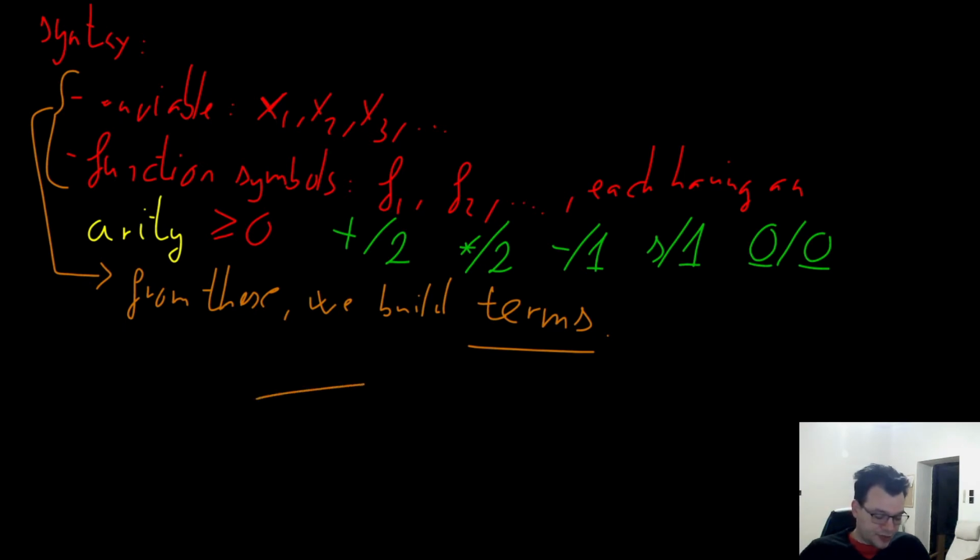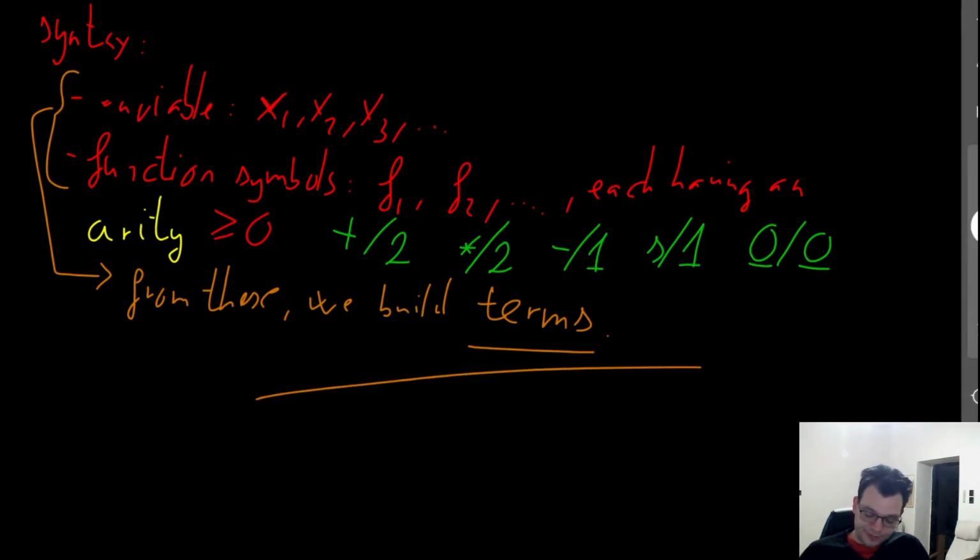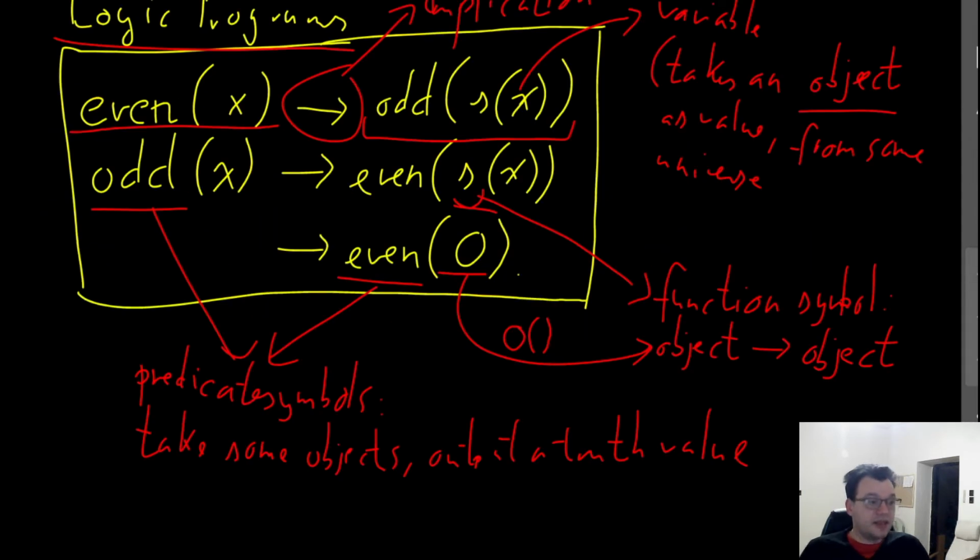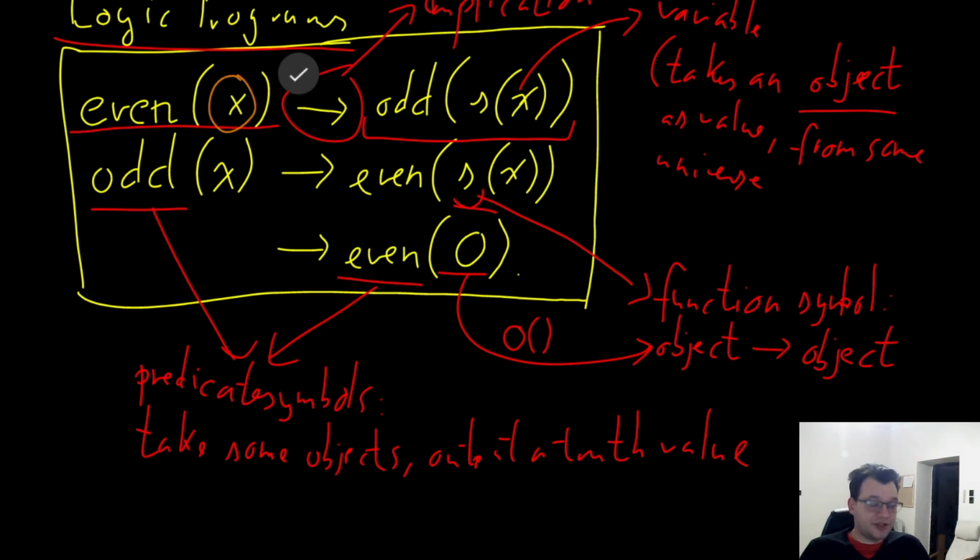So in our previous slide, here x was a term because it's a variable. S of x is also a term because it's built from a function symbol and a variable, and the number of possible arguments is taken into account.